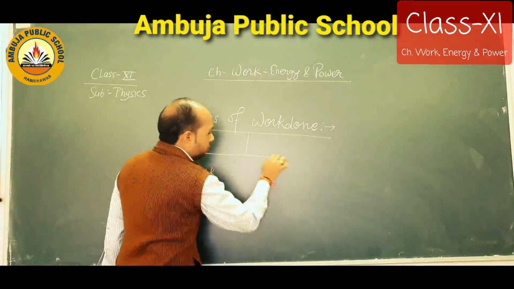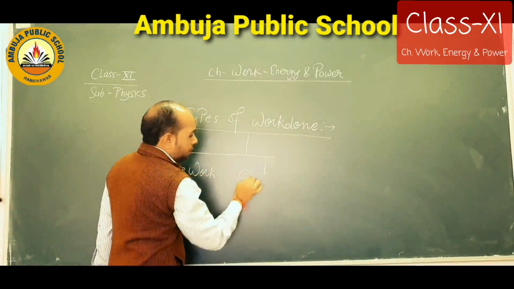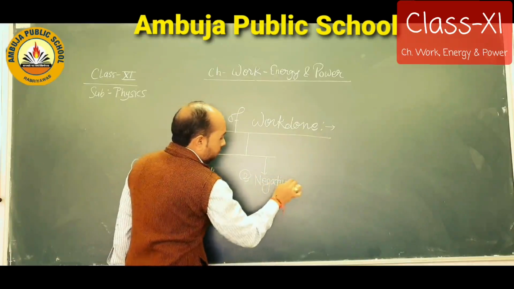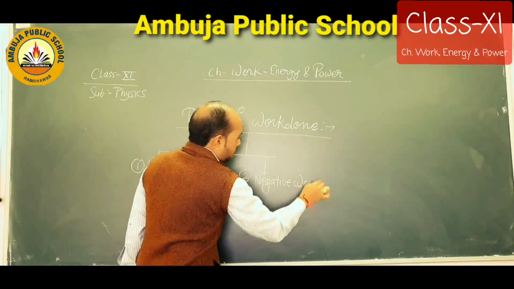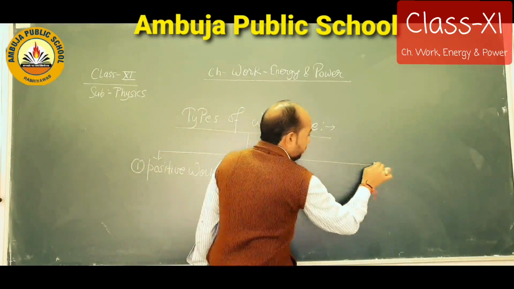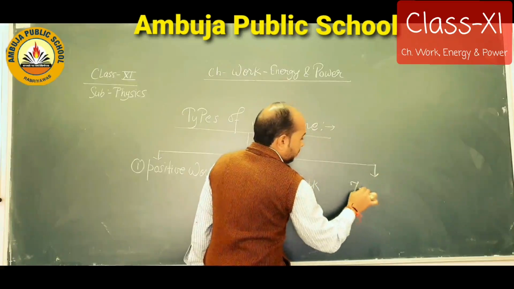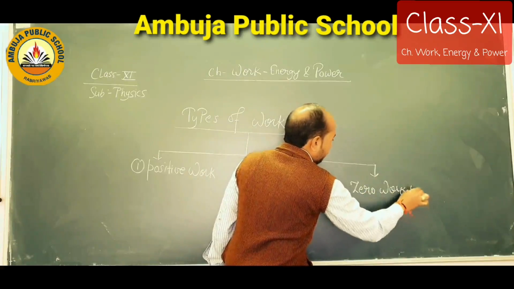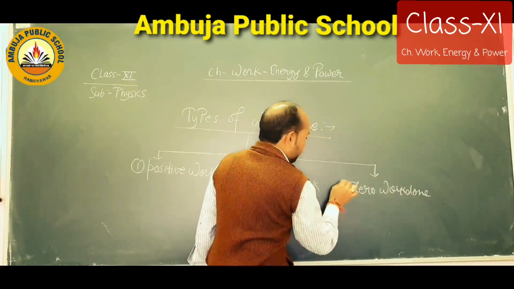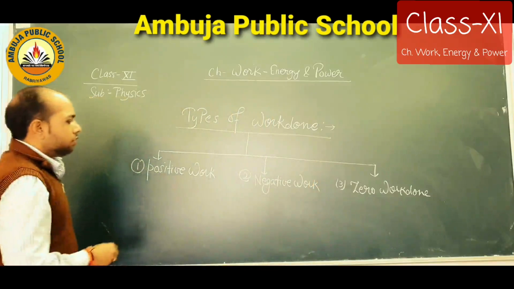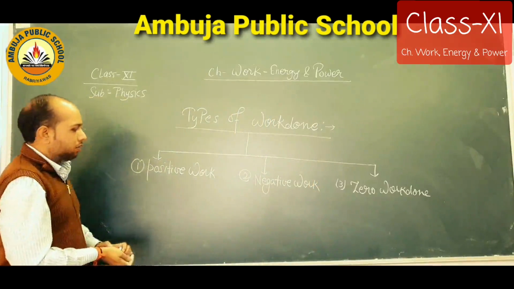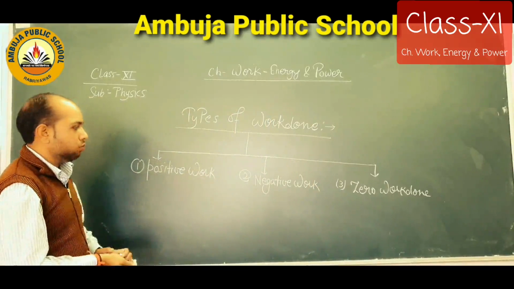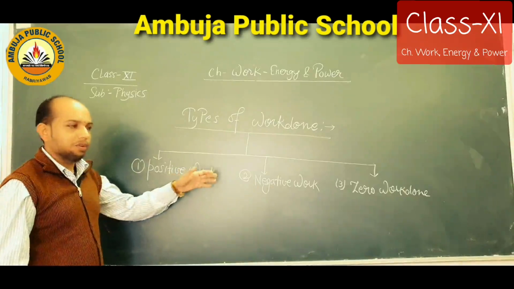Second one is negative work done. And third one is zero work done. So work done is categorized in three broad parts: positive, negative and zero. Now we see which type of work is said to be positive, negative or zero.